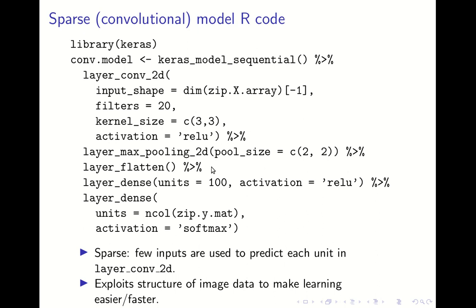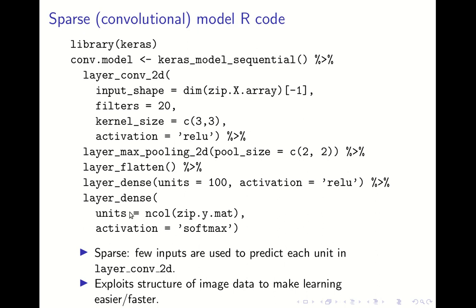Again, I'm not going to go into the details about these max pooling layers, but you can look at the API docs to see your choices there with the different parameters. Finally, we call layer flatten to get a vector of hidden units, and then we have layer dense to get 100 hidden units in this penultimate layer.